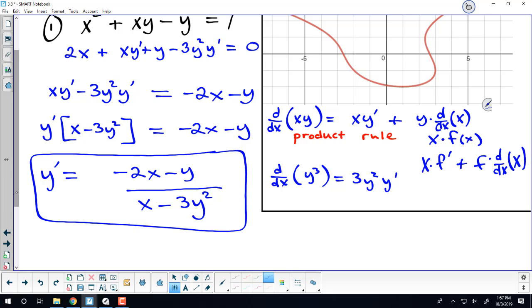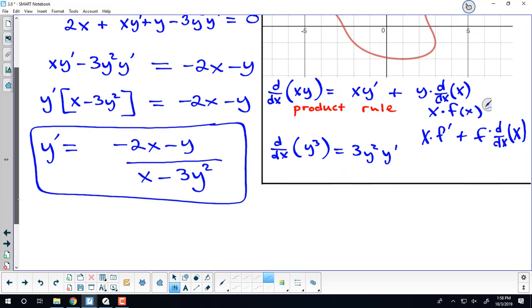So that is the slope of the tangent line on that red curve at any point. Any questions on this?